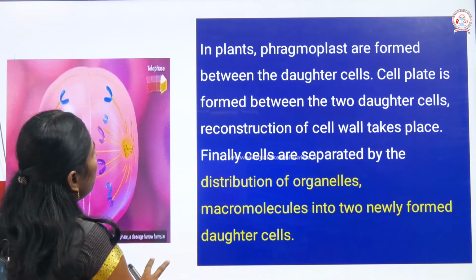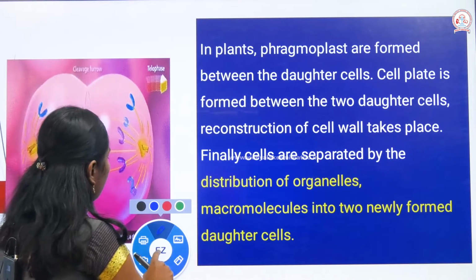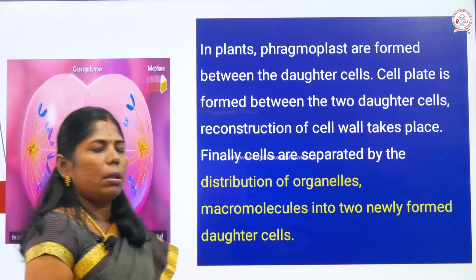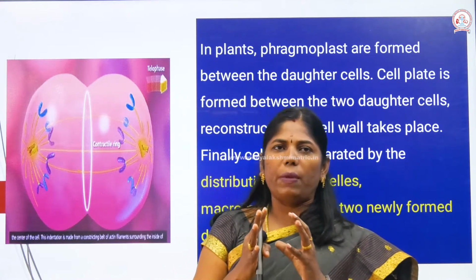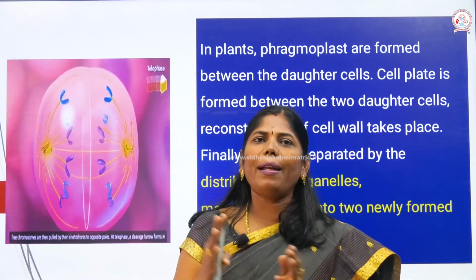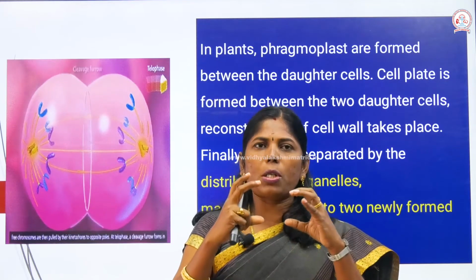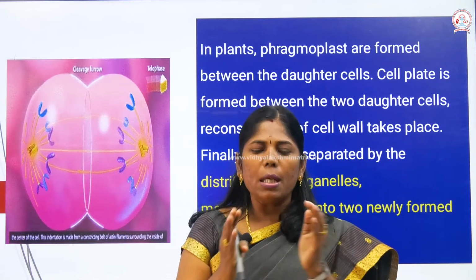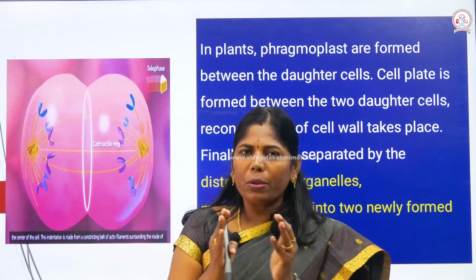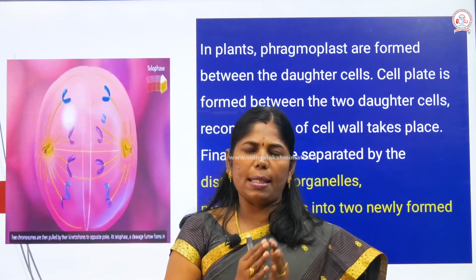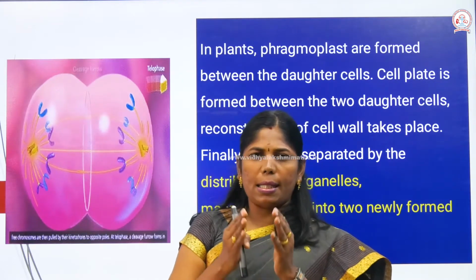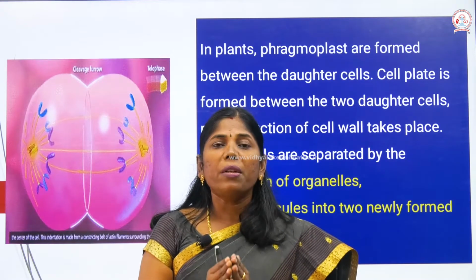So now, how does division take place in the plant cell, and how is the cell wall formed between the daughter cells in plant cells and in animal cells? Once the cytoplasm has divided, the two cells are separated, so they need a separate cell wall and cell membrane. How is it formed in plant cells? In plant cells the cell wall is formed with the help of the phragmoplast.